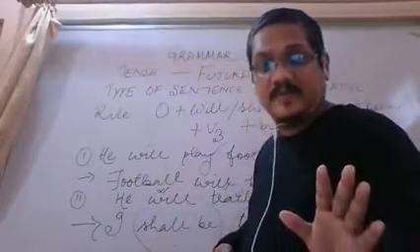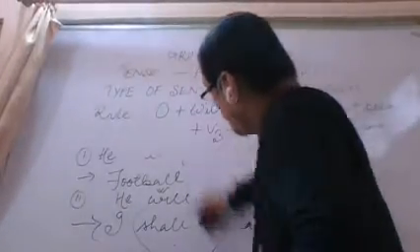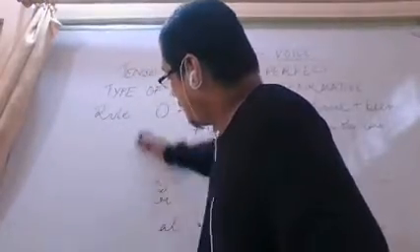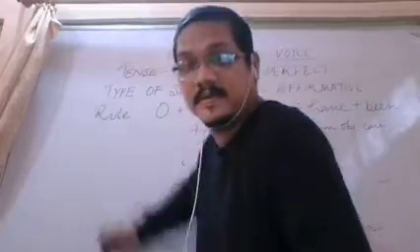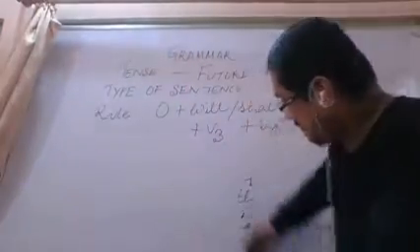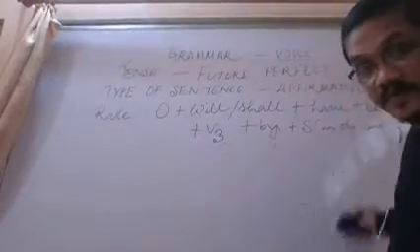So here we found that the rule is such. Now we will have different type of sentences. Okay, now see, let us see what type of sentence we can have here. Can you just think about any sentence that is in future perfect if the verb is play?